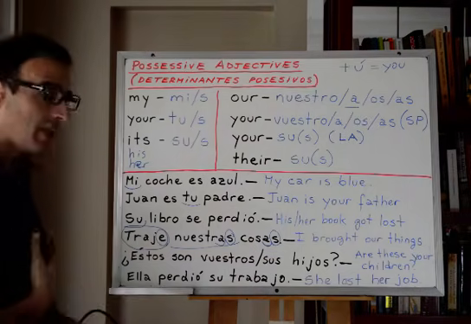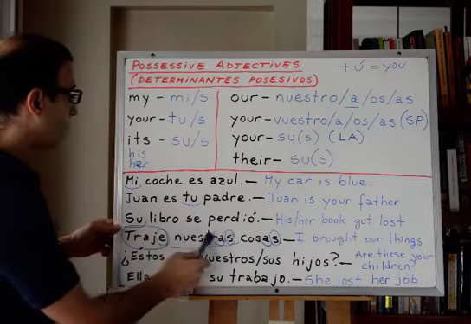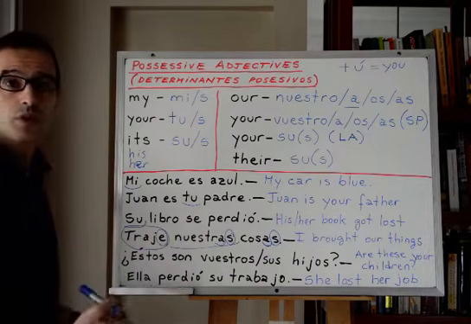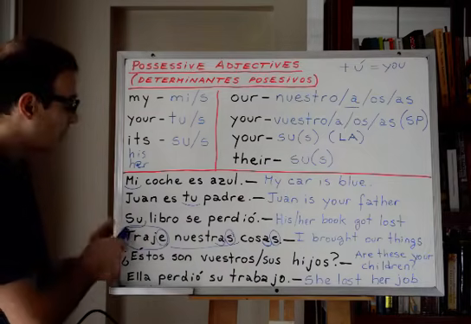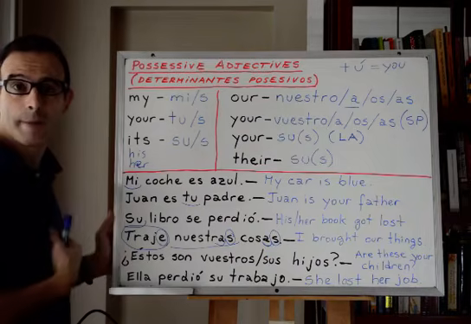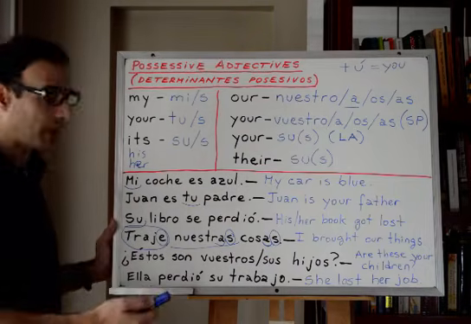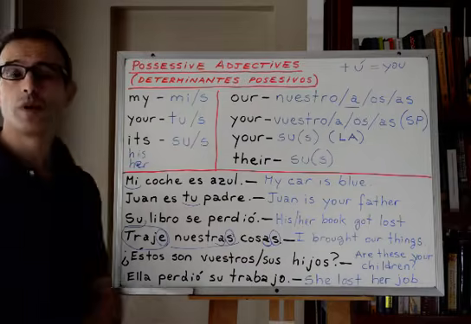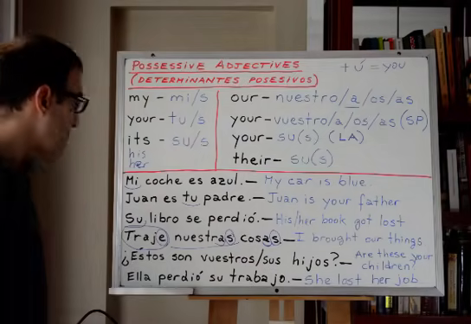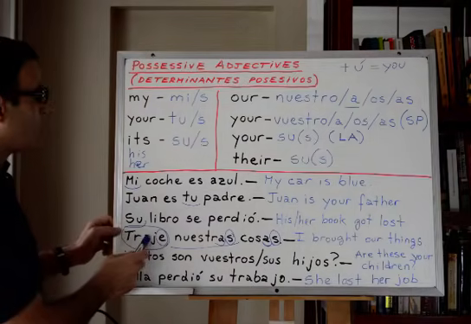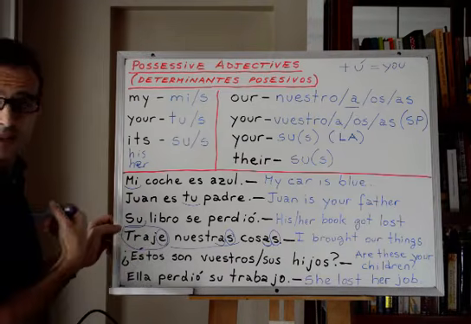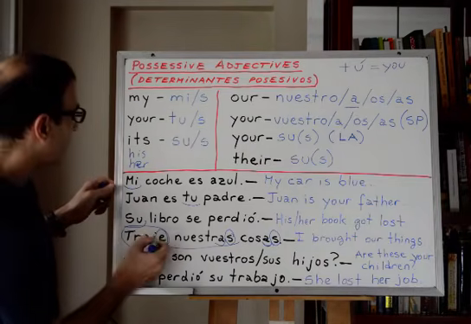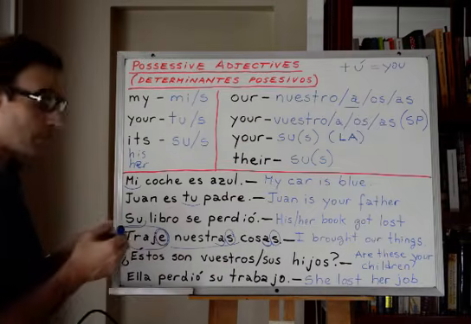So I can say, yo traje nuestras cosas, right? But usually we leave out the subject pronoun yo, which means I. In Spanish we call this sujeto omitido. So I can infer that the subject is I because of the ending of the verb in the present tense.